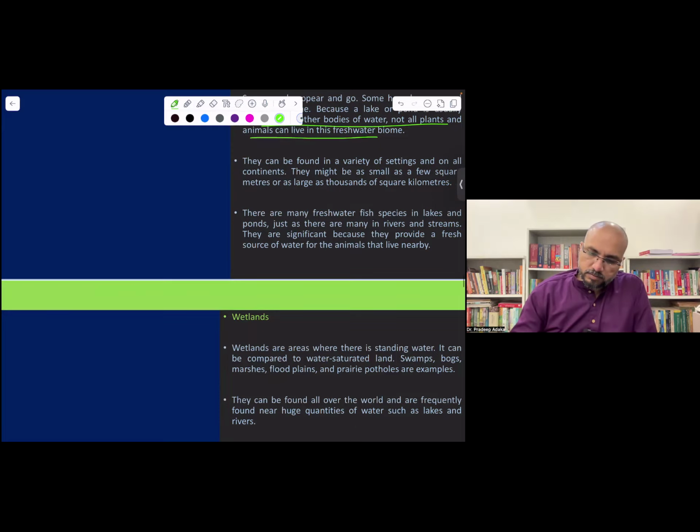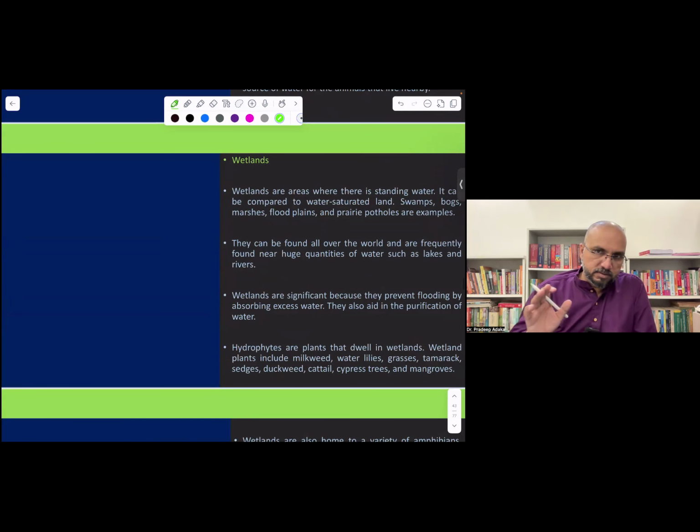So those are the static bodies, lakes and ponds. Next are wetlands. This is marshland, or a marshy area, where water has submerged the soil, or you can say waterlogged soils, where the soil is saturated with water.